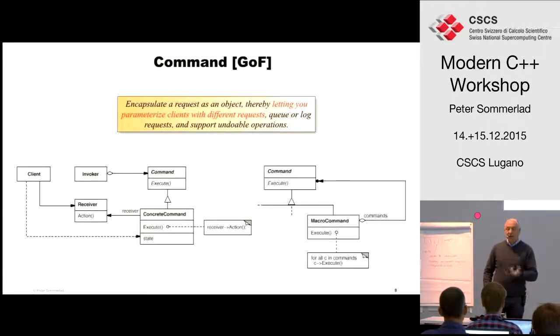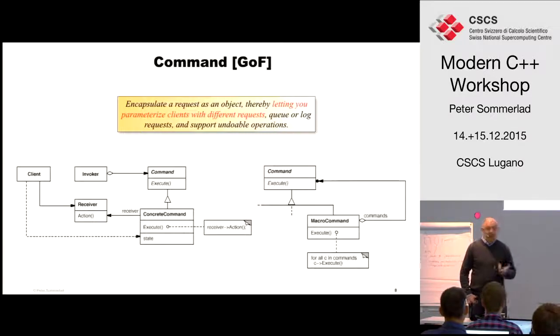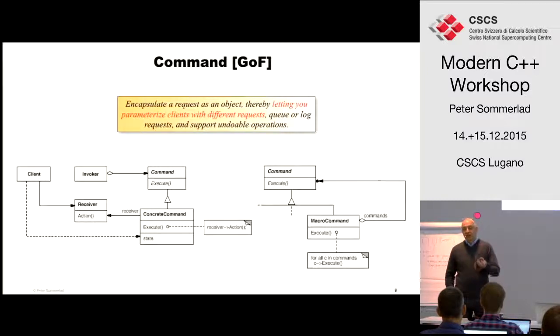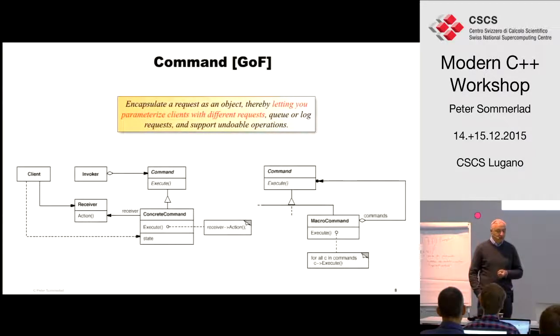You might execute it in a separate thread. You might actually log what you're doing, or even support undoable operations by attaching some previous state when you execute the actual request, and provide a mechanism to reestablish the previous state after you want to undo that operation.